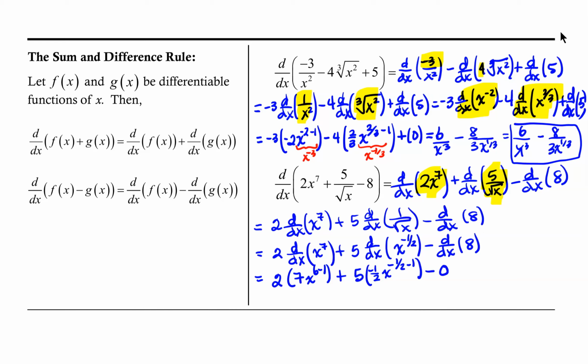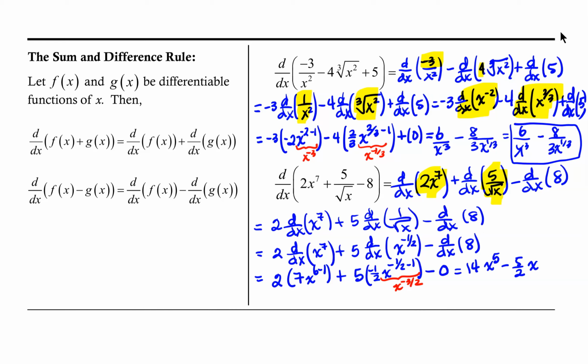So, x to the 6 minus 1 power is going to be x to the 5th. And 2 times 7 is 14, so we're going to have 14 times x to the 5th power, plus, then we have 5 times negative 1/2, so that's negative 5/2, x to the, and now x to the negative 1/2 minus 1 is x to the negative 3/2.